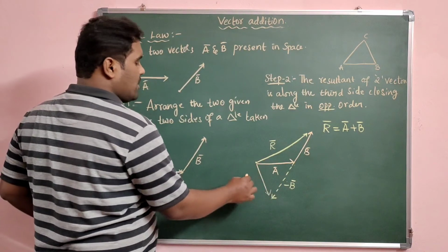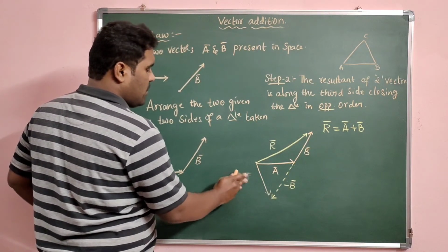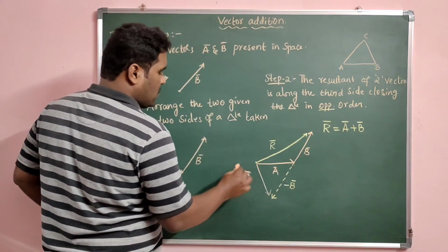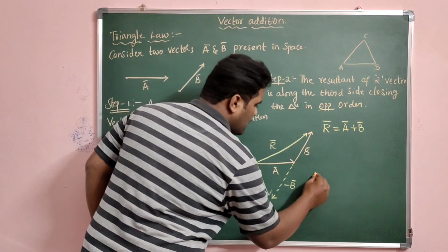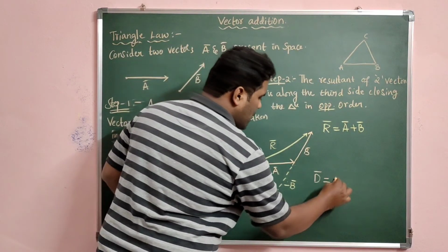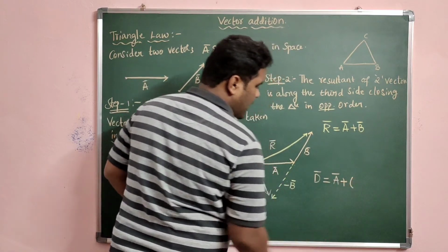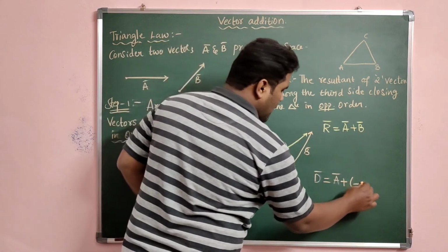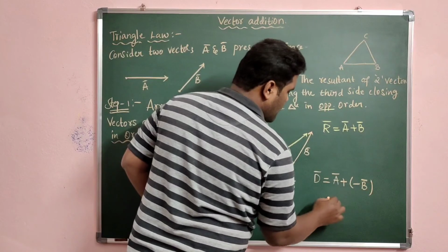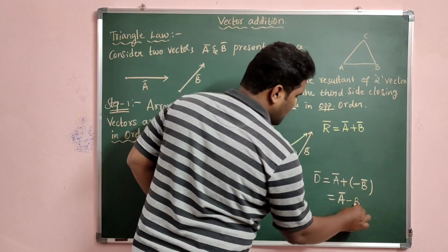So let me consider this one as D bar. And thus D bar is the summation of two vectors. What are those two vectors? A bar plus minus B bar, which will give you A bar minus B bar.